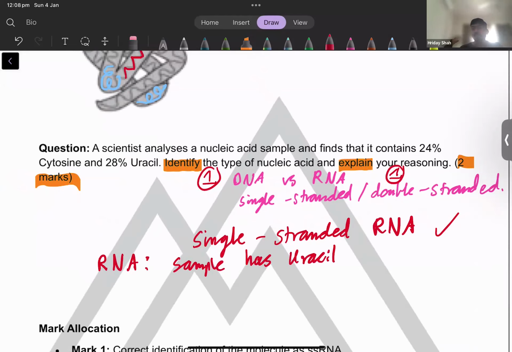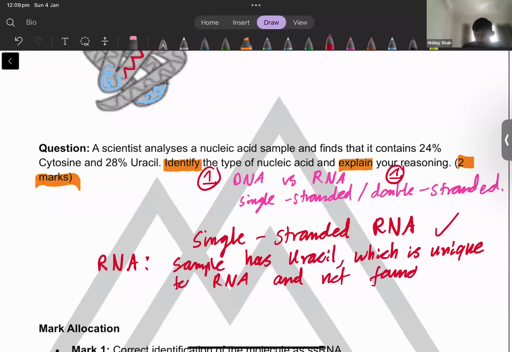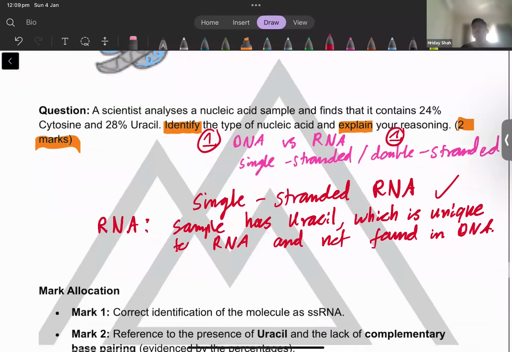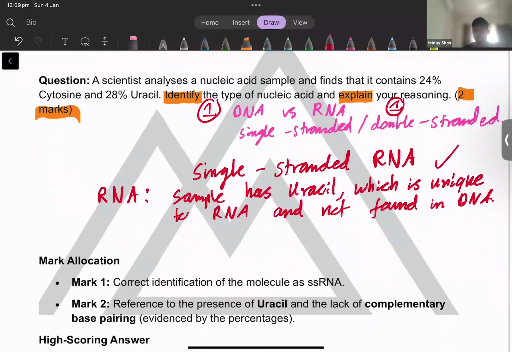So you need to give the link back to RNA, which is unique to RNA and not found in DNA. So now you have justified why you picked RNA. You can't just say it contained uracil. Why is uracil relevant? It's because it's only found in RNA.